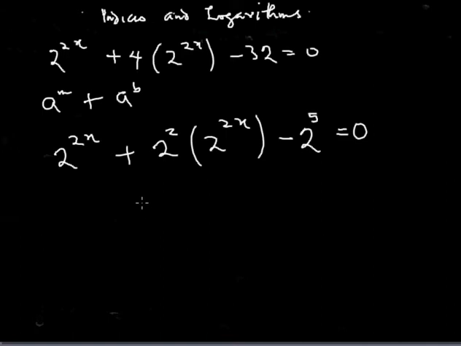Now with this, we can remove 2 raised to power 2 out. What we're going to be having is 2 raised to power 2x plus 2 raised to power 2 plus 2x is equal to 2 raised to power 5.